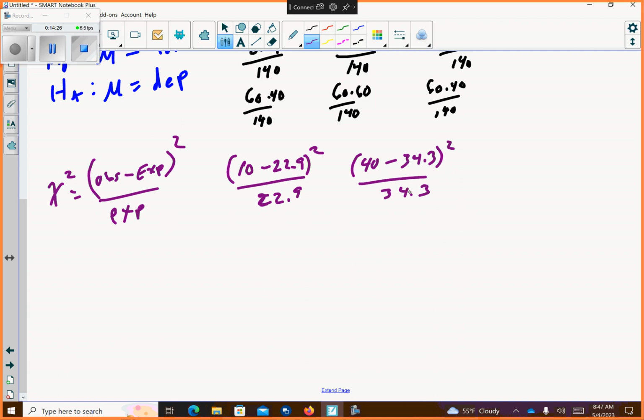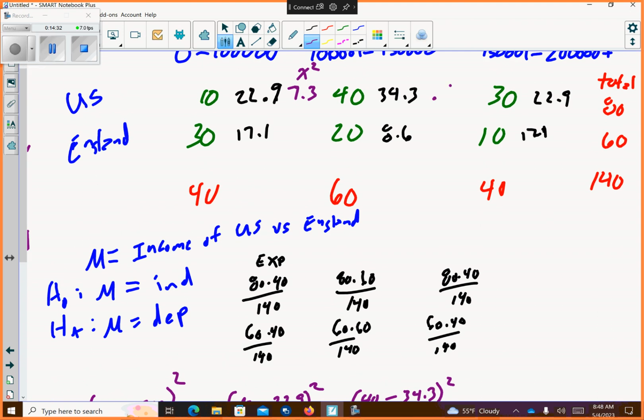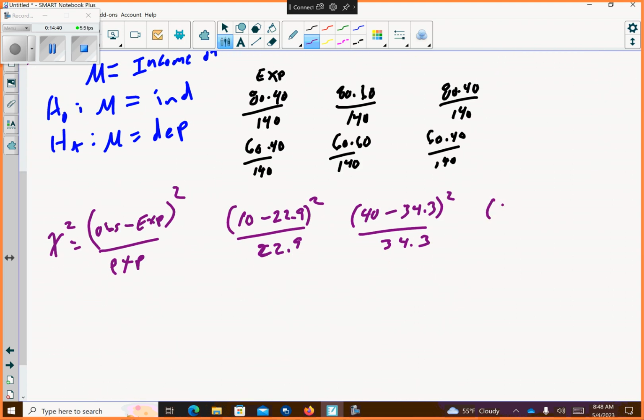If you did that math, you're going to come up with 0.9. And then I'm going to go 30 minus 22.9 quantity squared divided by 22.9.